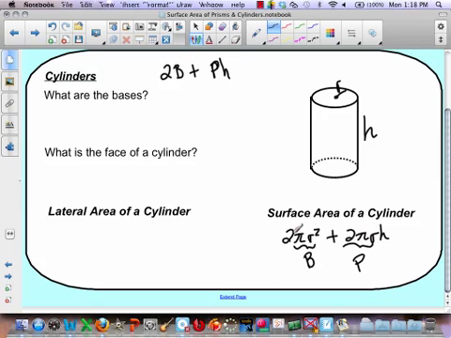So which one of these two is the lateral area? The 2 pi r squared or the 2 pi r h? The 2 pi r h.